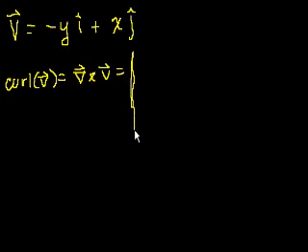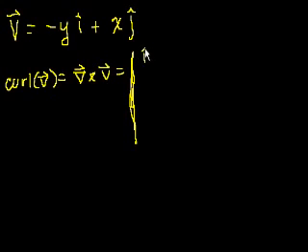And even though this looks like a two-dimensional vector field, we actually have to take the cross product in 3 dimensions, because curl is just like torque, and when we did the right-hand rule when we studied, well, I hope you watched some of the videos on magnetism and torque, the torque actually goes in a direction that is perpendicular to both of the vectors in your cross product. So if both of these only have x and y components, your actual result is going to be in the z direction. It's going to be perpendicular to both of these vectors. So when you take the cross product, you still have to do it in 3 dimensions.